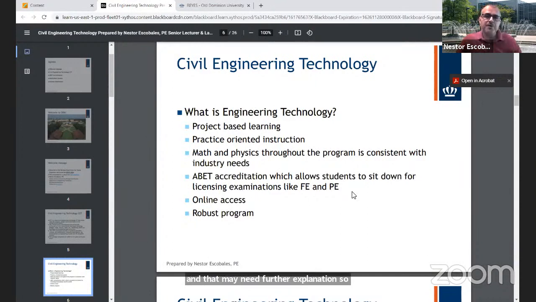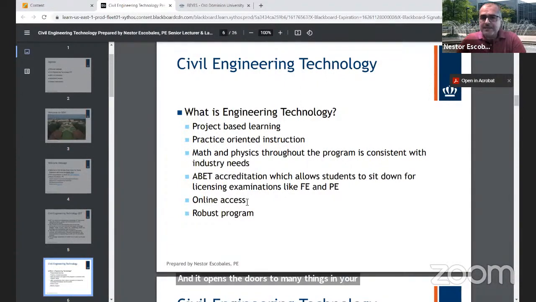So if you have the license and you are interested in approving projects for construction, then you can do so. Nobody without engineering licenses in the United States can approve projects for construction, and that is a safety requirement. So licensing is important, and it opens the doors to many things in your career.